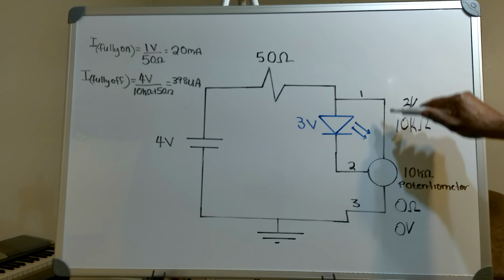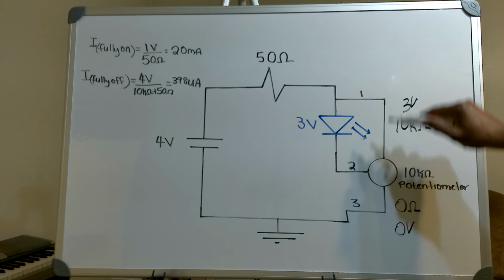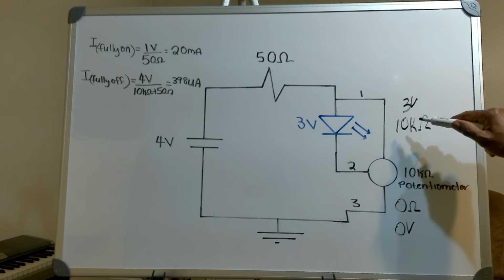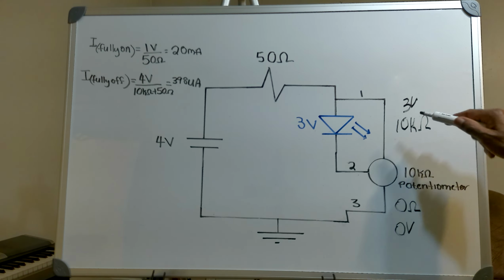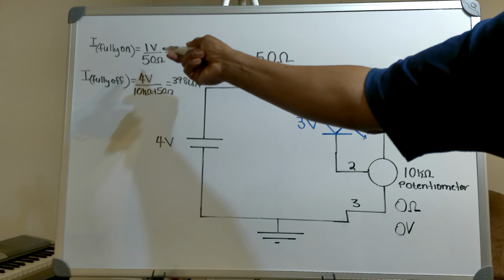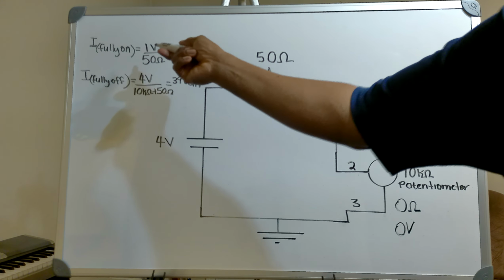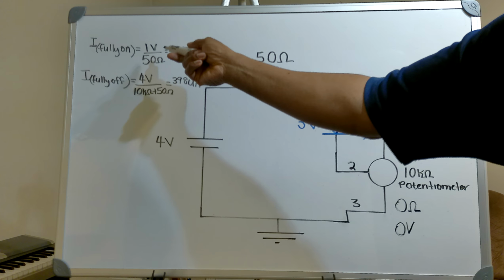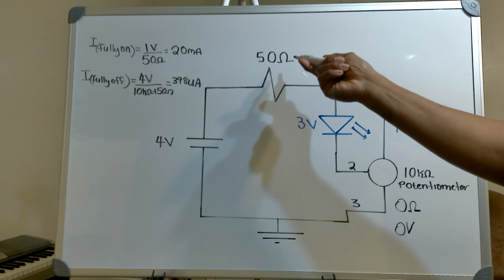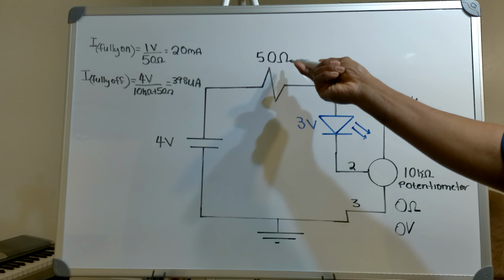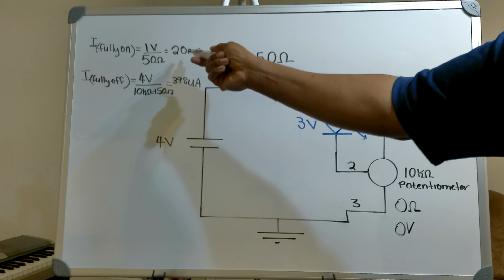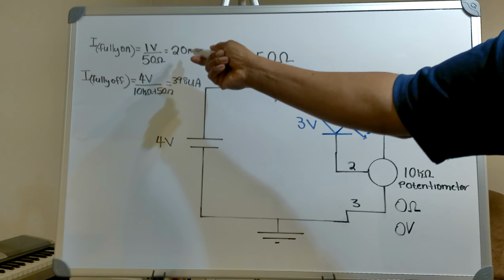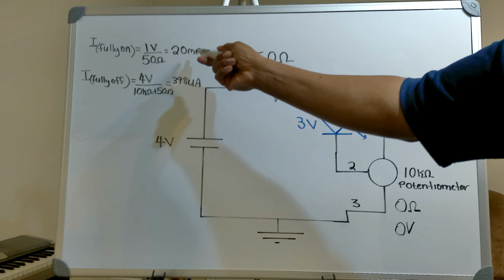A very small amount of current is also flowing through my 10K ohms. Now my LED is fully on. I now have 1 volt across my 50 ohm resistor. That will give me my maximum current of 20 milliamps.